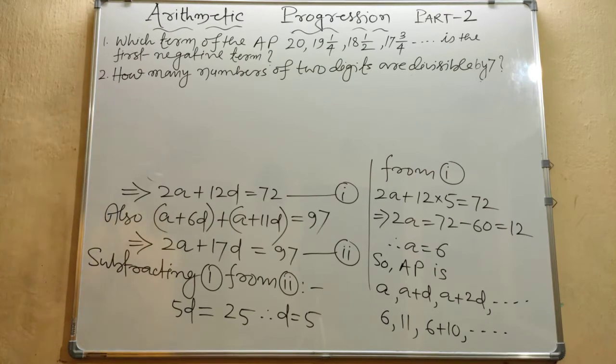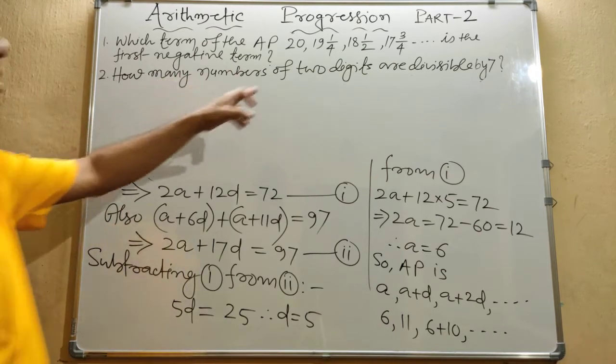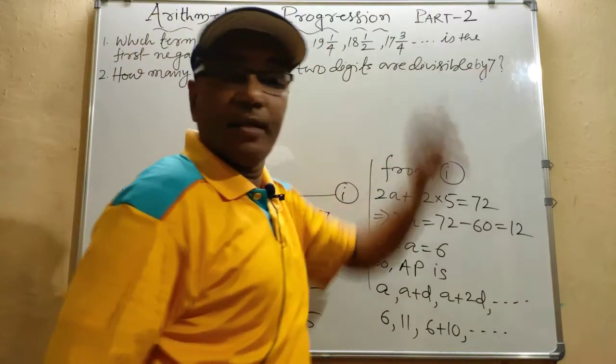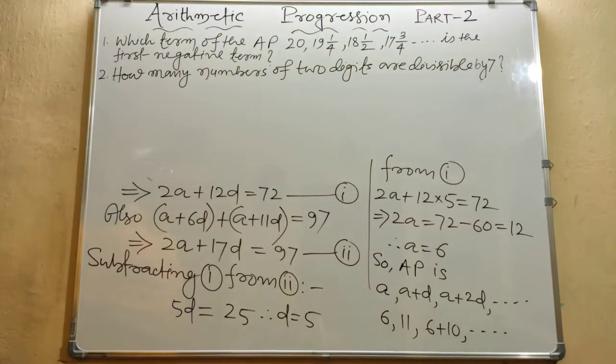The question is, how many numbers of 2 digits are divisible by 7? How many numbers of 2 digits are divisible by 7? कितने सारे 2 डिजिट्स के नंबर हैं जो 7 से डिविजिबल होगा? ये है आपका क्वेश्चन.